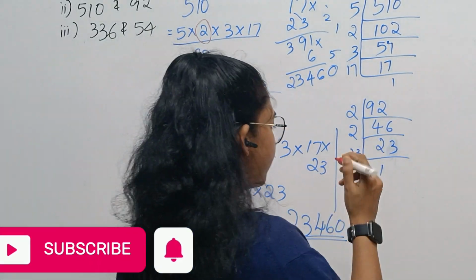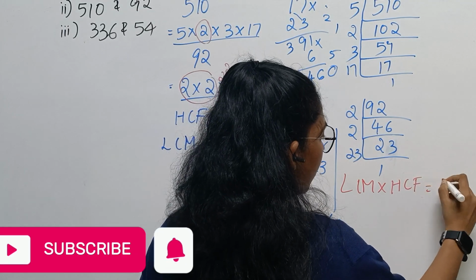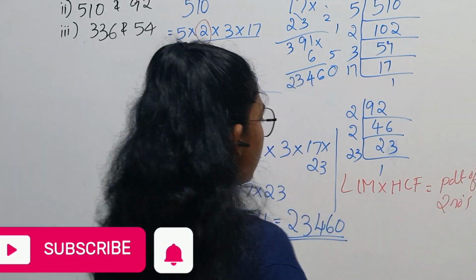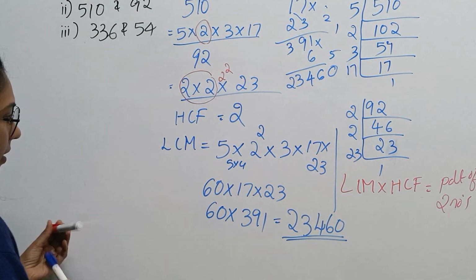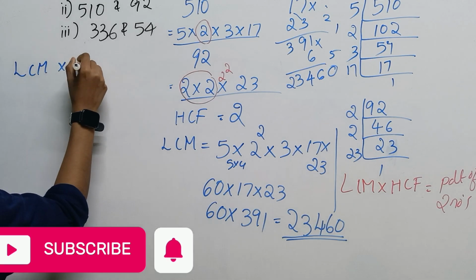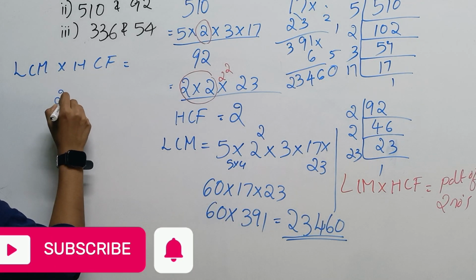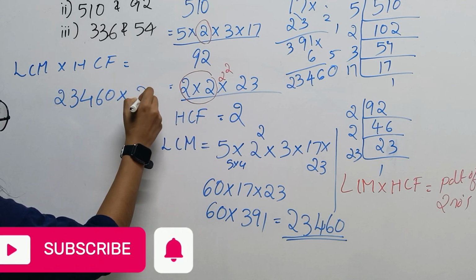What is that? LCM into HCF is equal to the product of two numbers. Okay. So what is LCM into HCF? LCM is 23,460 and HCF is 2.